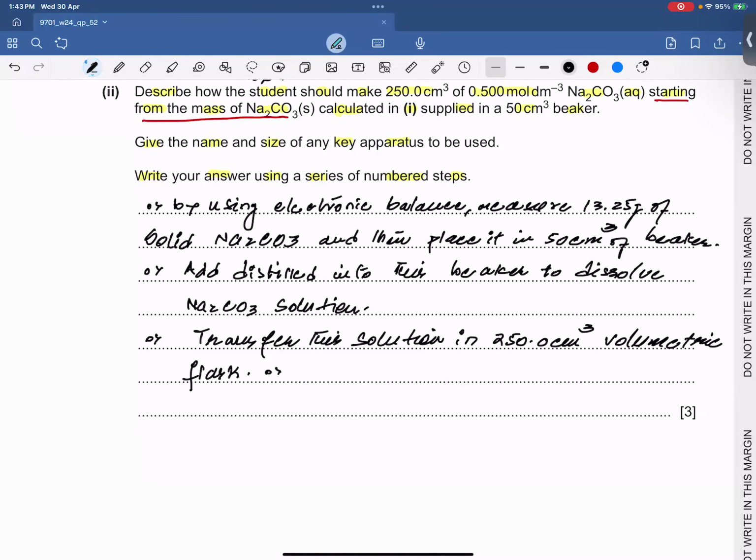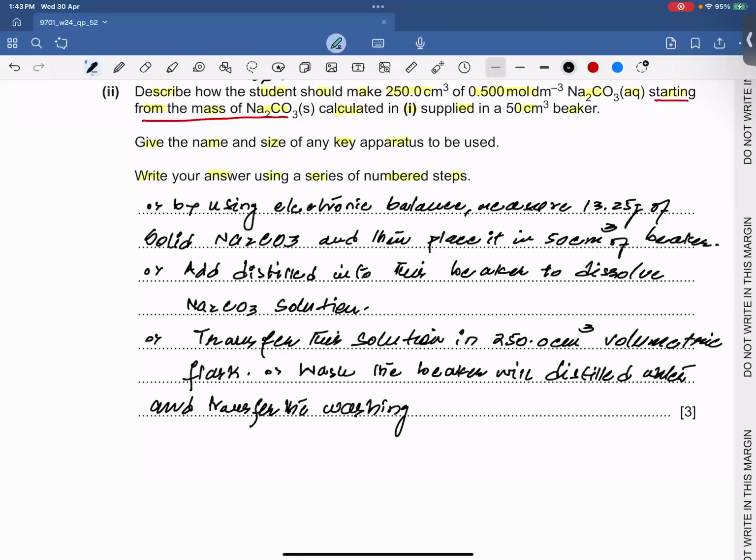Wash the beaker with distilled water and transfer the washings into the flask.